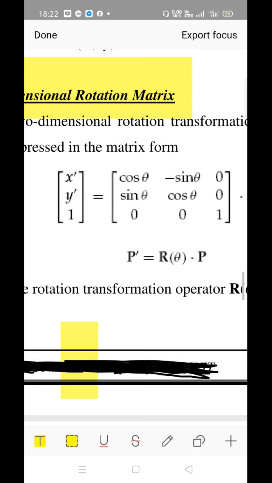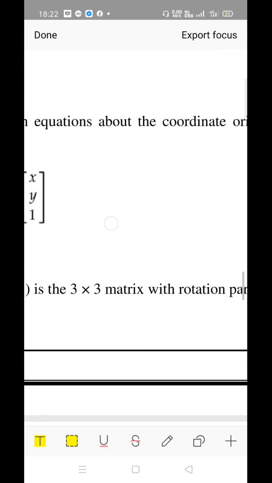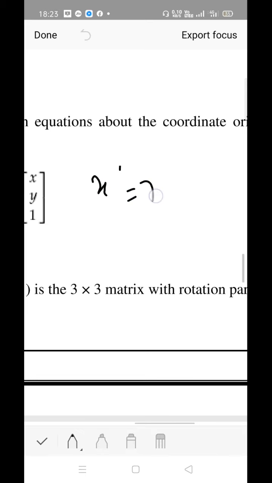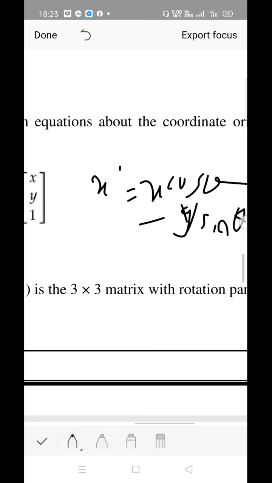Fine. Now, recall the formula, better I will write the formula over here for rotation. Refer to my previous video: x dash equal to x cos theta minus y sin theta.